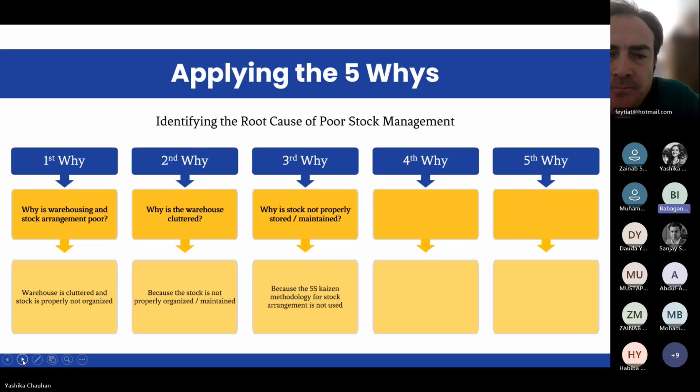Then the fourth why: why is the 5S methodology not being properly implemented? Because there is inadequate monitoring and supervision. Excellent. Why is there inadequate monitoring and supervision?